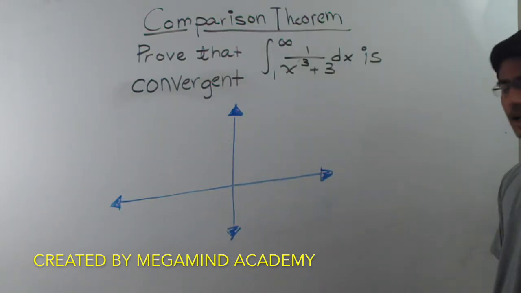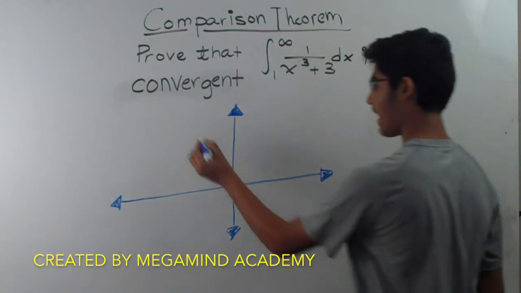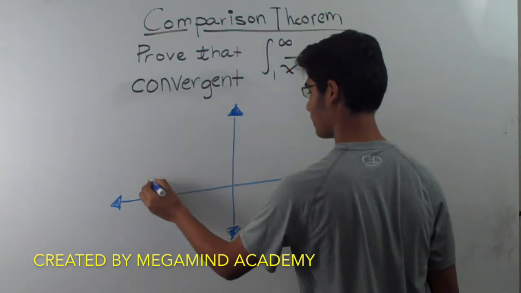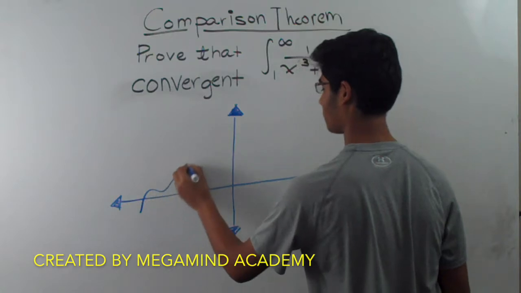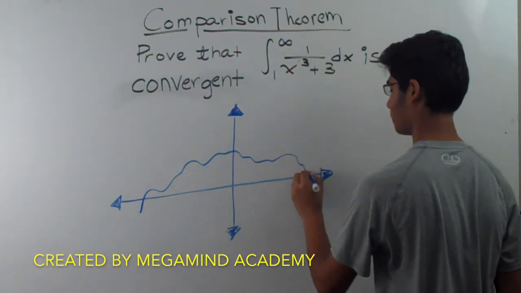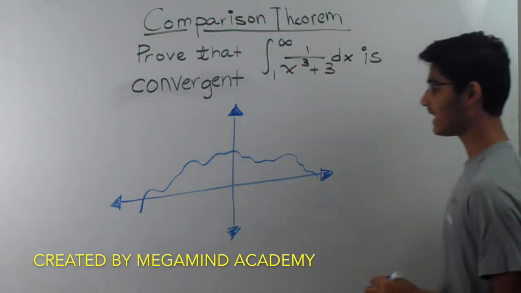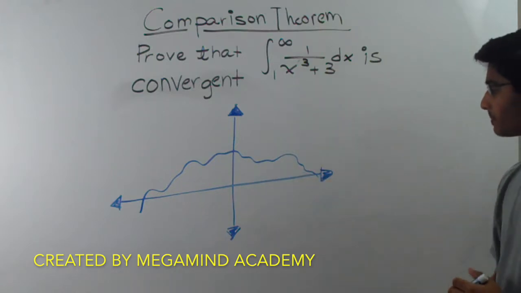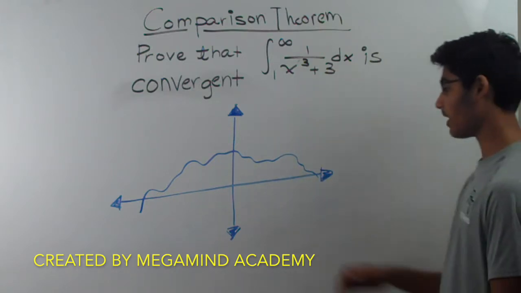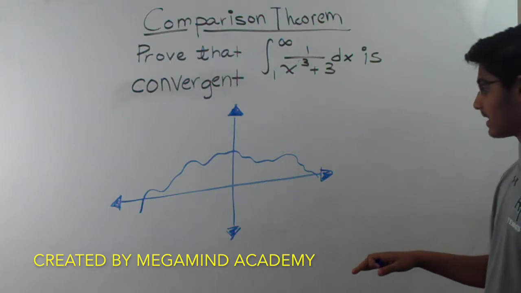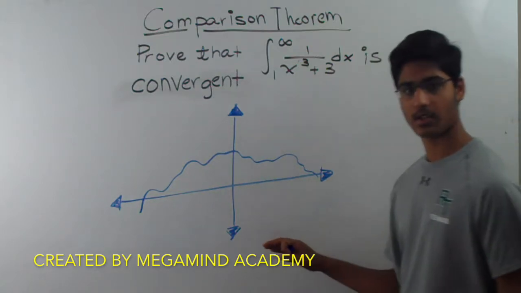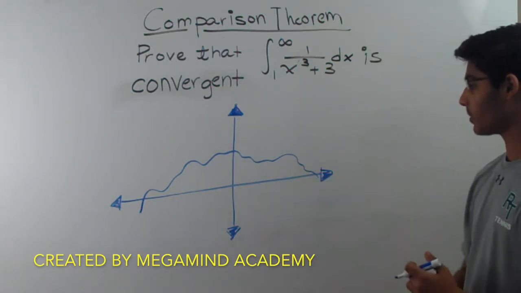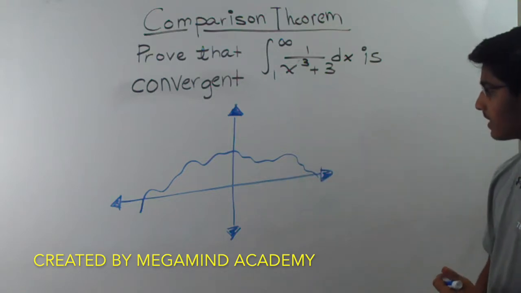So let's say that we had a function that looked like this. And let's say that we were given this function as f of x is equal to some function, so we don't know what this actually looks like.